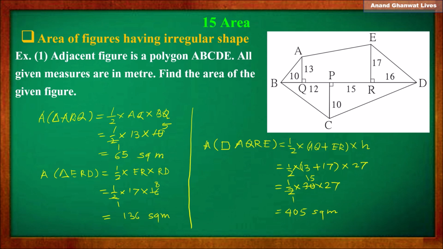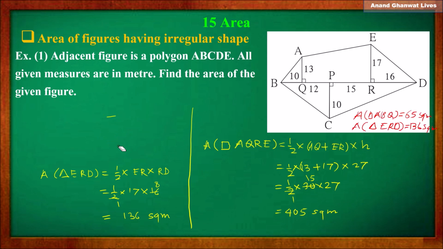So up to this we have found the area of right angled triangle ABQ, area of right angled triangle ERD, and area of trapezium AQRE. Now next we have to find the area of triangle BDC. Area of triangle BDC is equal to 1/2 into base into height. Which is the base of triangle BDC? Base is BD and height is PC.